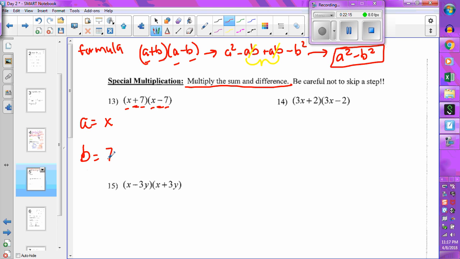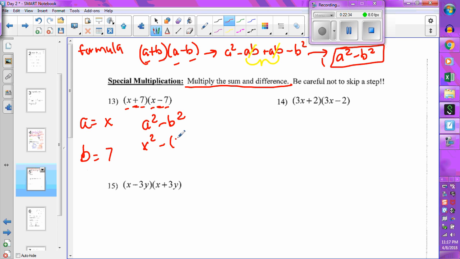So given A squared minus B squared, all I have to do is plug in my numbers, which would leave me with my A is x squared minus, what is my B?